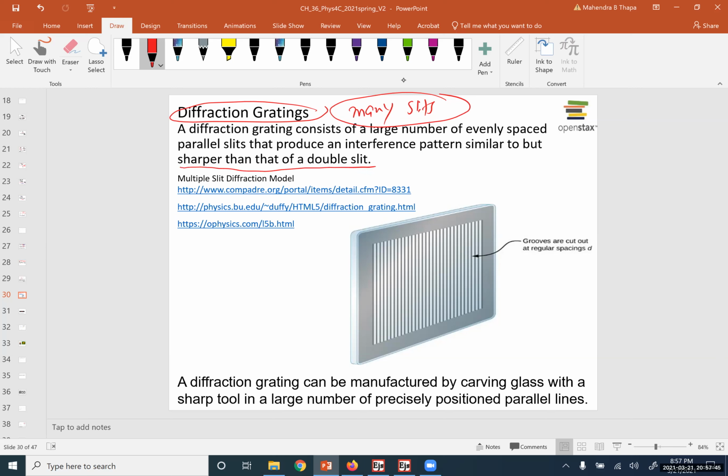So we have maybe hundreds, thousands of slits, each with the same width a.